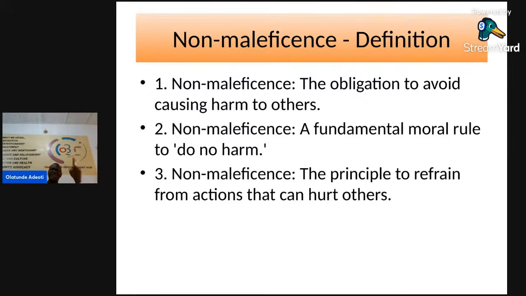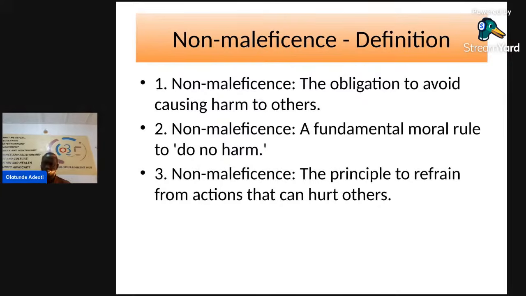Then another one, it is a fundamental moral rule. Nobody should have to tell you, do no harm at all. You should be harmless. Make sure that you are not causing harm. If you are going to fulfill the principle of non-maleficence, nobody should have to tell you that you should not dispose of your waste where it can injure others.